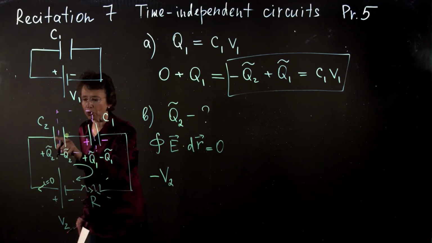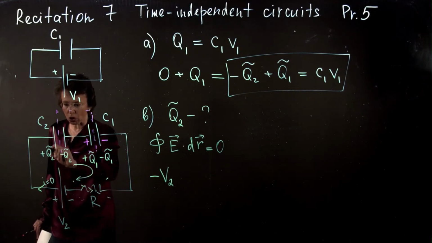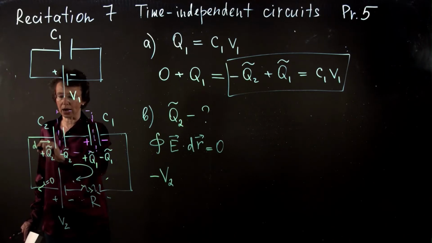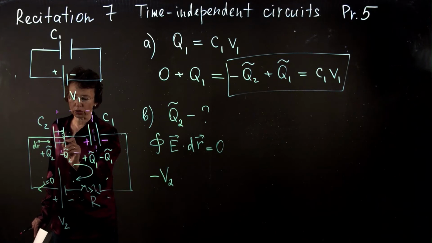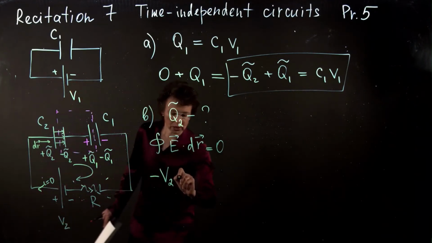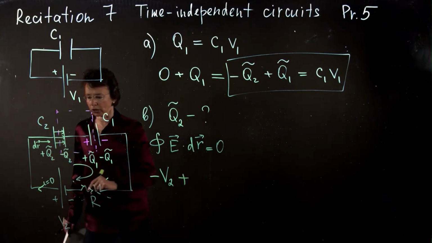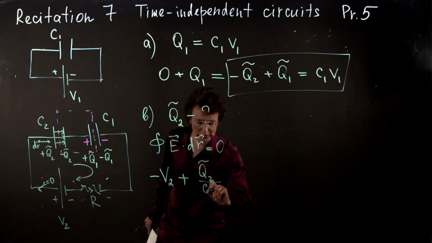Now we come to this capacitor C2. We go in the clockwise direction this way. Okay, this is our dr. And then the electric field, with our choices, is to the right. So this E dot dr is positive, E to the right, dr to the right. The magnitude is Q2 tilde over C2.